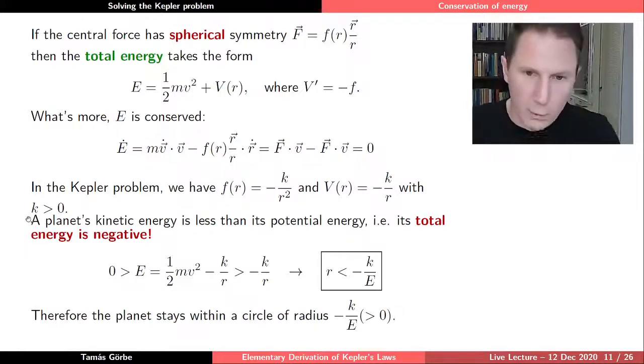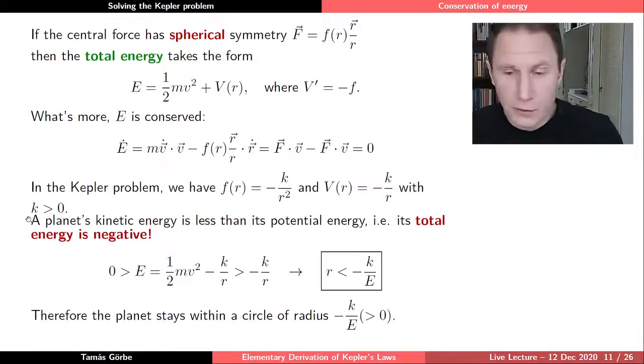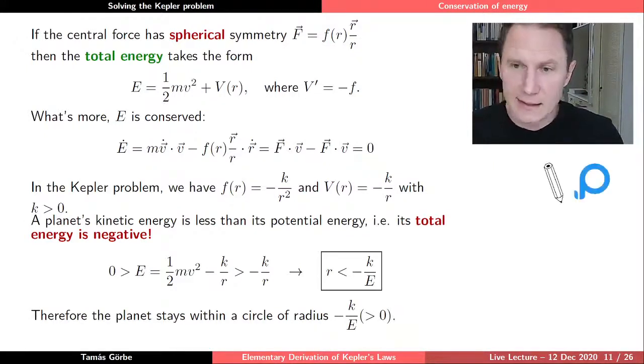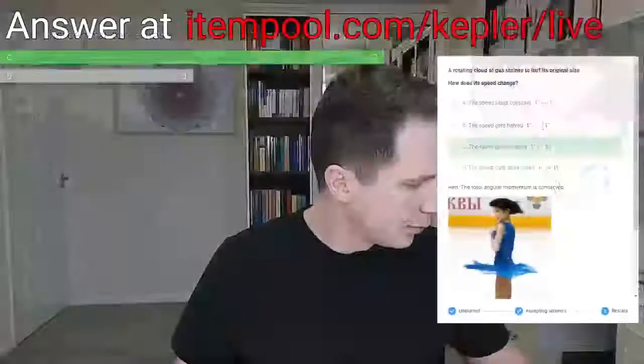So what I want to show you next is another question in ItemPool. So let's head over to ItemPool. I'm curious to see if you can get this one right. My next question is about objects that have zero total energy.